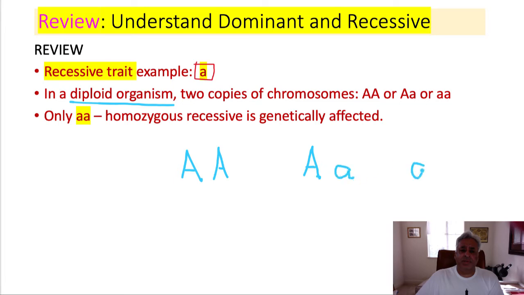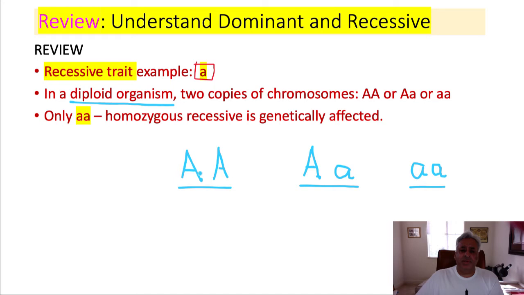And the remainder will carry chromosomes that are small a, small a. And we already learnt in the past that this is called the homozygous dominant condition. This is called the homozygous recessive condition. And then finally in the middle, we have a single word to describe this, which is heterozygous.